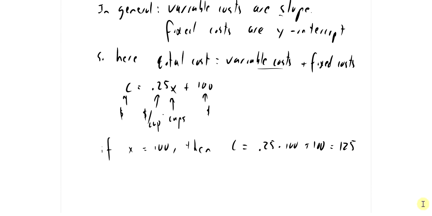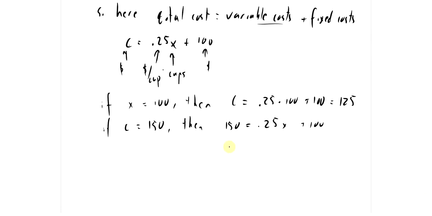Now, the other part was, if C equals 150, if you have $150, how many cups of coffee can you make? What's X? Well, if we plug that in, 150 equals 0.25X plus 100. If I subtract 100 from both sides, I get 50 equals 0.25X.